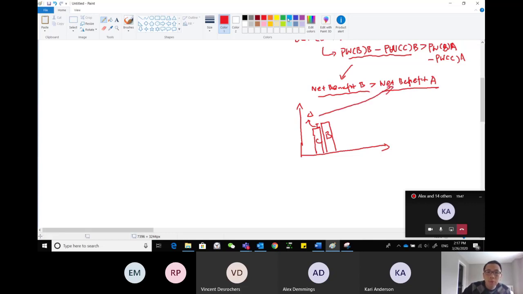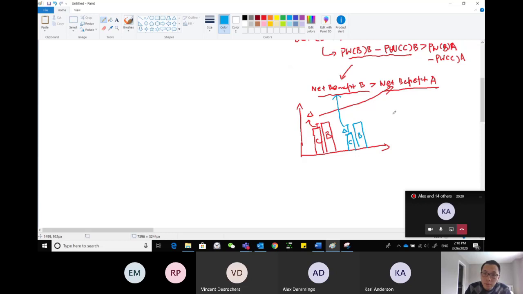Okay. Now let's change another color here. Now let's say we have a project B with less cost and also with less benefits, right? So you see the delta here. The net benefits of project B is actually bigger than this one.